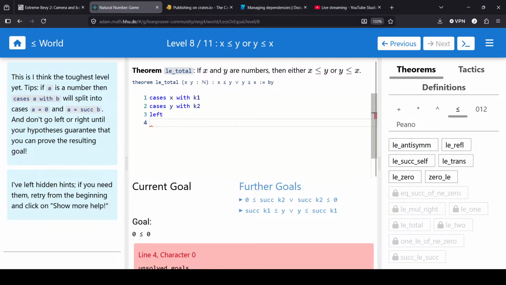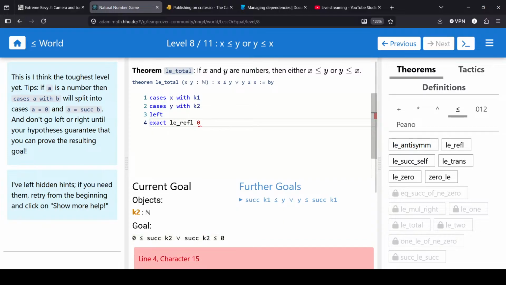Or is it like exact? Okay, I did it. So now we need to prove this. This sounds like a nightmare.